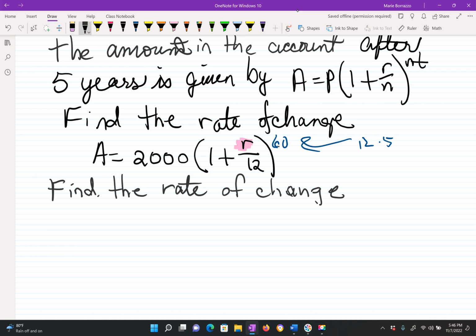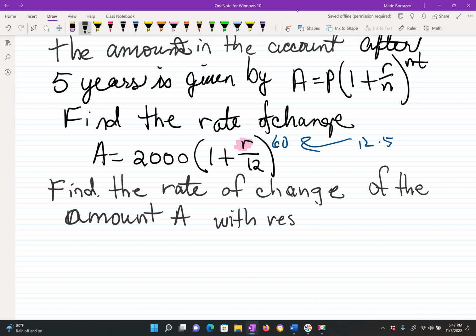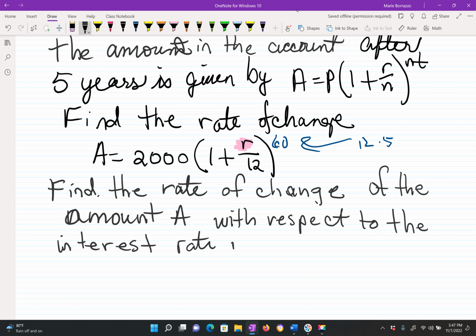The rate of change of the amount A with respect to the interest rate. And the interest rate is R.